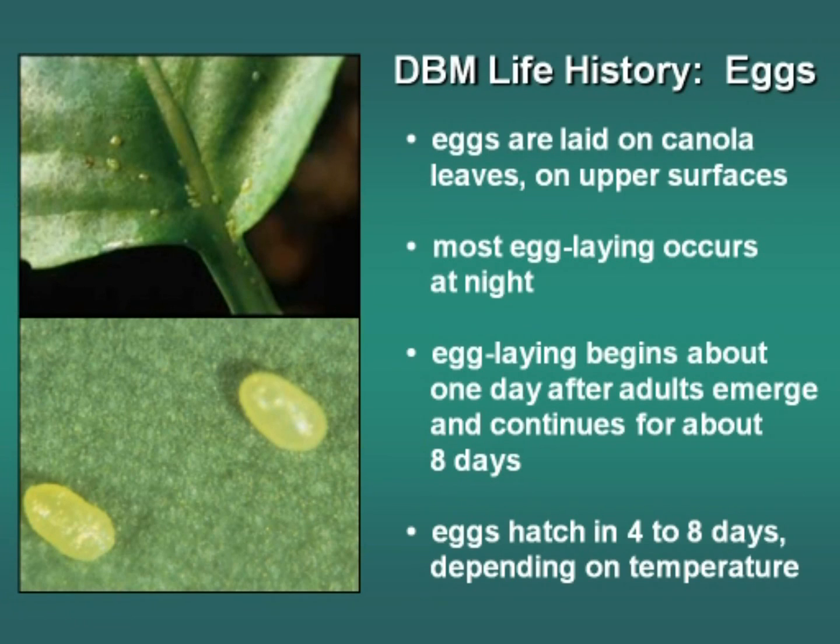Most of the egg laying occurs at night. Like other moths, this is a night active insect, so egg laying begins usually very soon after the adults emerge. Within about a day, they've mated and the females are beginning to lay eggs. The eggs hatch quite rapidly, in only 4 to 8 days, but this again depends on temperature.